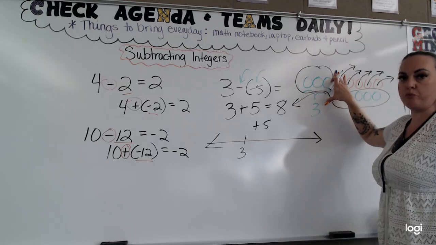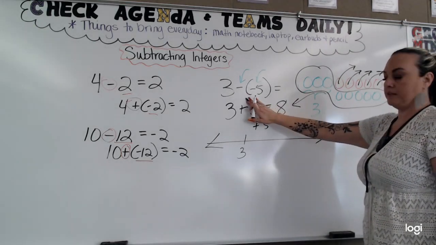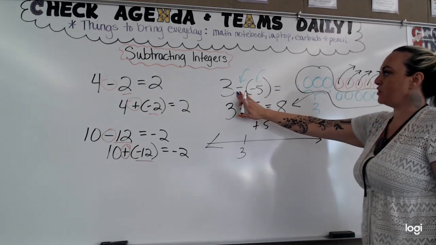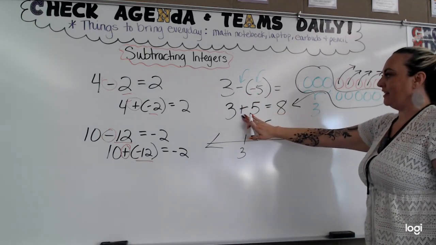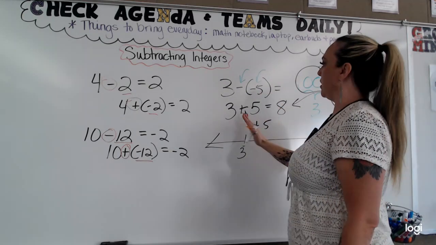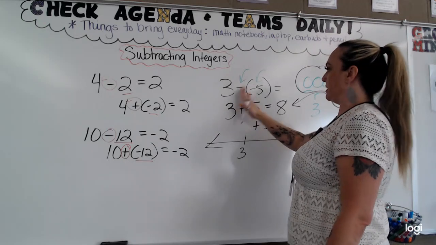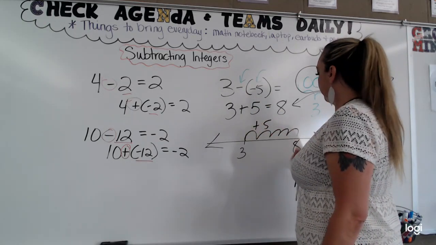Here's what proves why we actually are adding 5 instead of subtracting it, because we're adding the opposite. Not subtracting the opposite. We are adding the opposite of what's in here. So this puts us at 8.